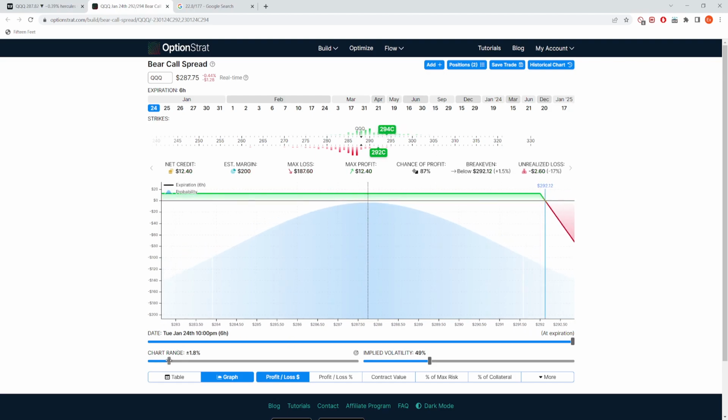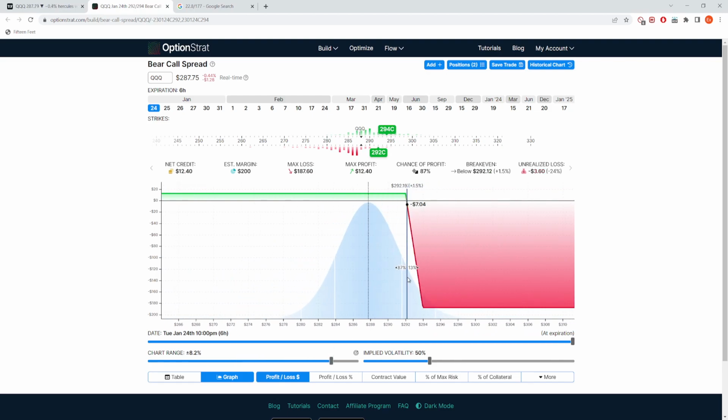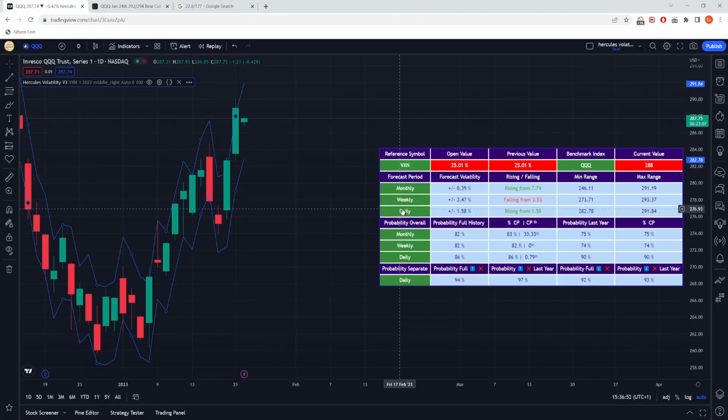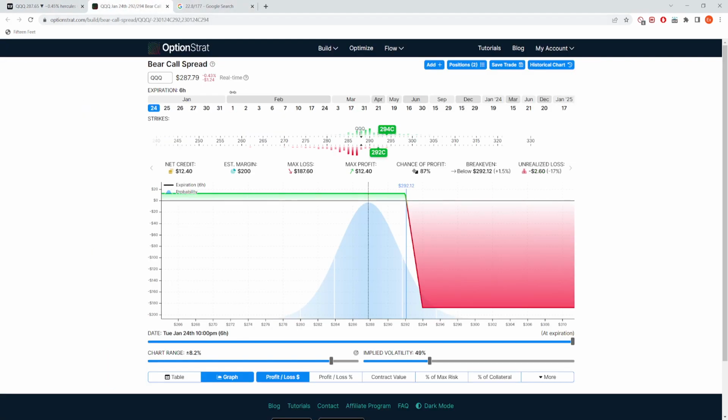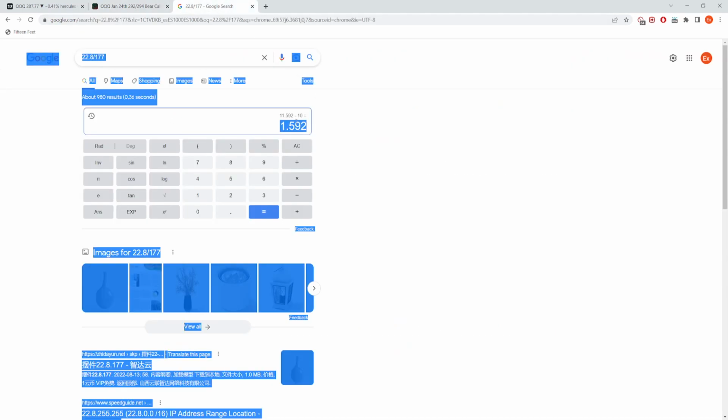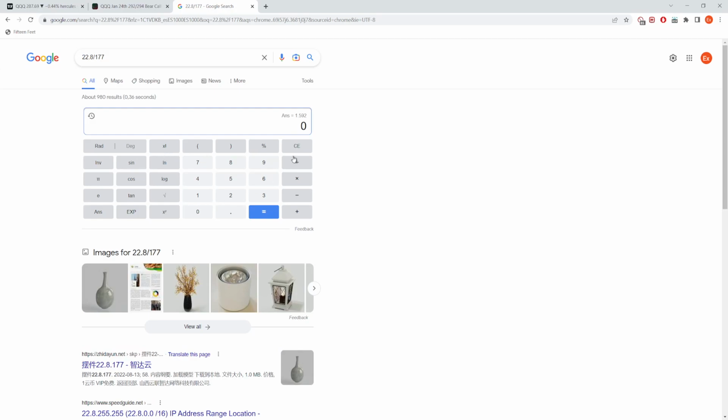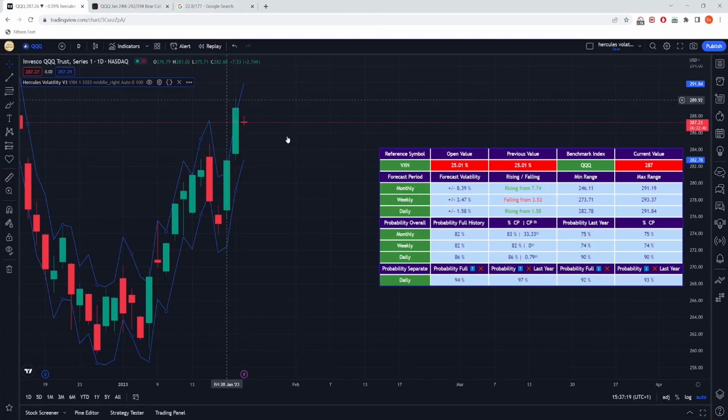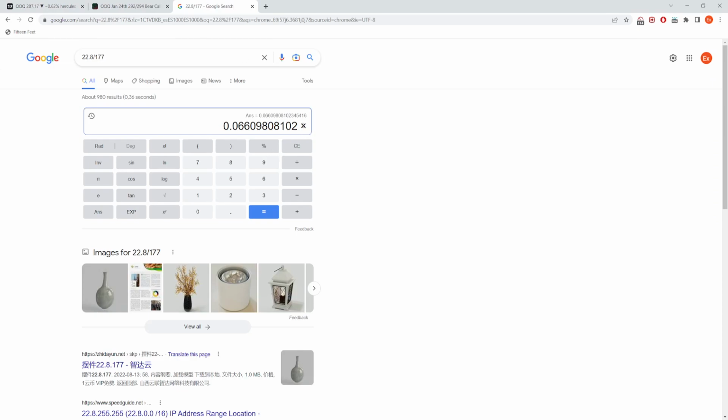So if I'm going to apply the volatility to what we have, from 292, we would have 87 according to the strategy, but we actually have 97 according to the last year. So once again, if we take this trade, we will have 12.4 divided by 187.6, and we are going to multiply this by our strategy, which can be 97.